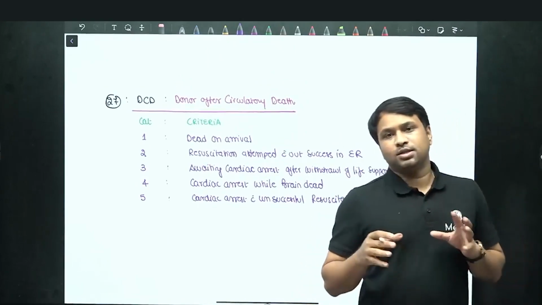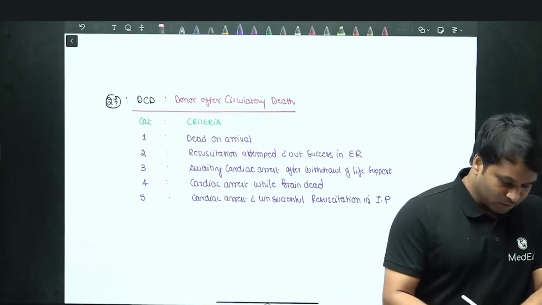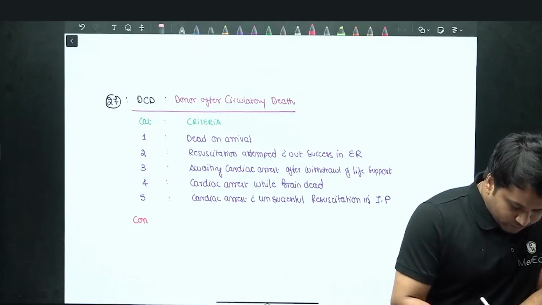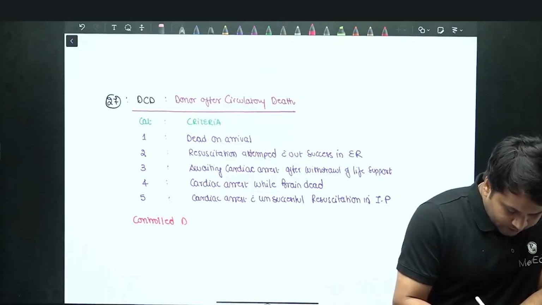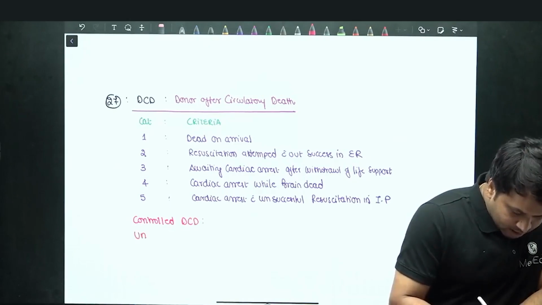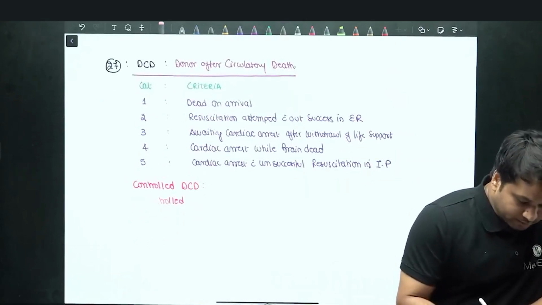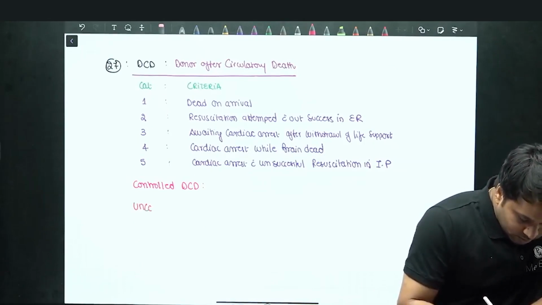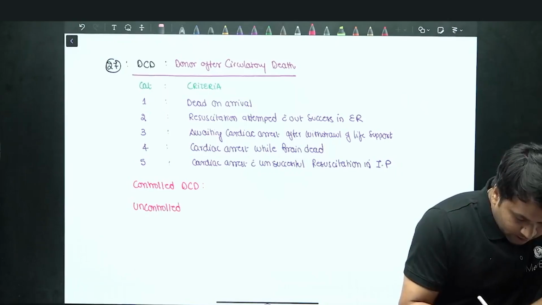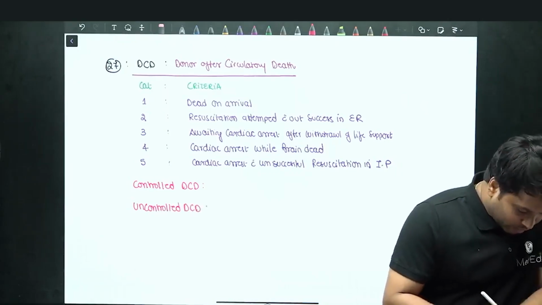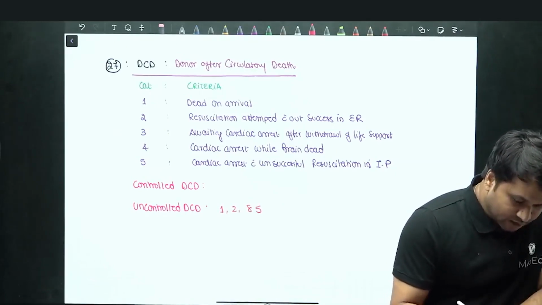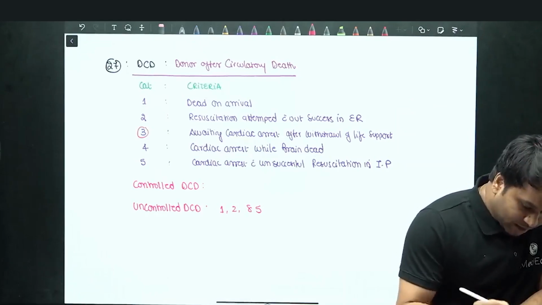Now we have something called controlled and uncontrolled DCD donors. When we say controlled, that means you can predict the death. For uncontrolled, it is category 1, category 2, and category 5, whereas the controlled ones are category 3 and category 4.